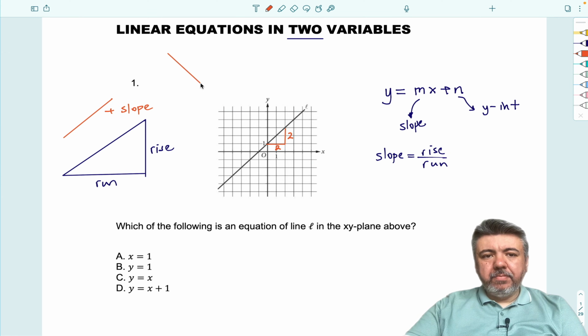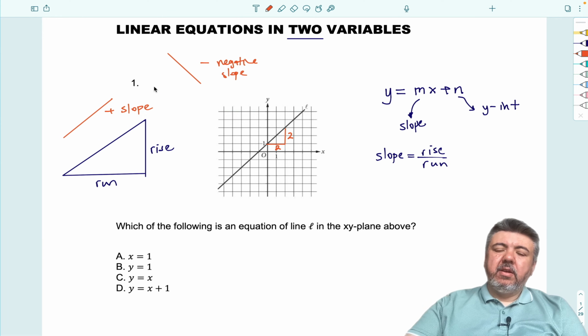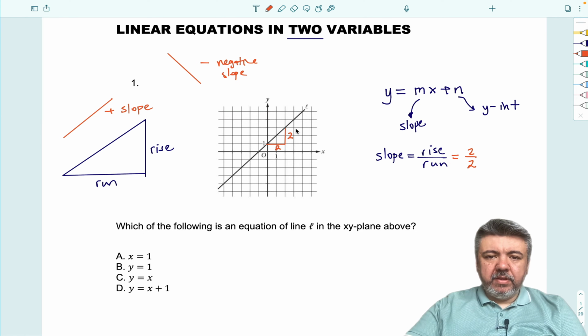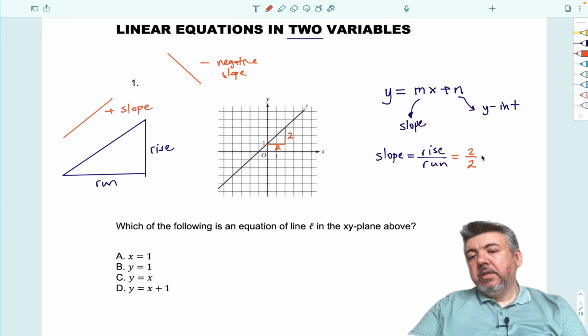And negative slopes are like this. Rise over run. In our example, rise and run are the same, 2 over 2, or you can think of it as 3 over 3, it doesn't matter, it's always the same. So it's going to be 1. So our slope is 1, my friends.